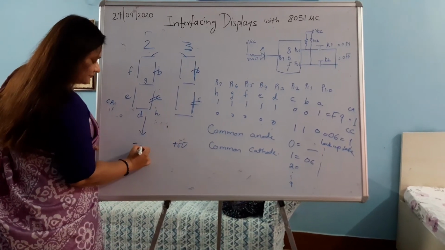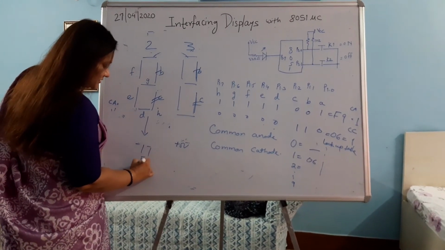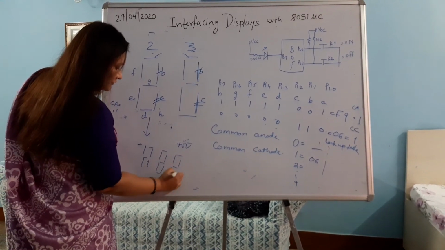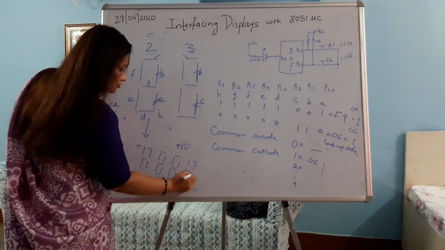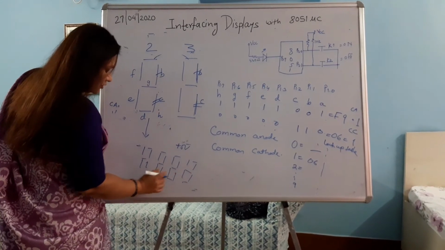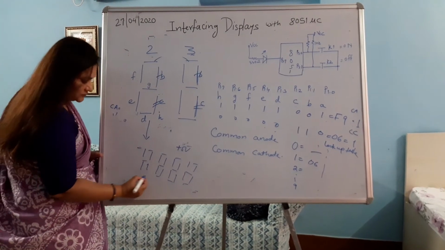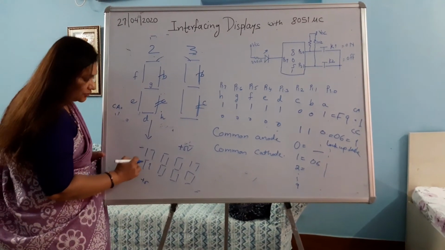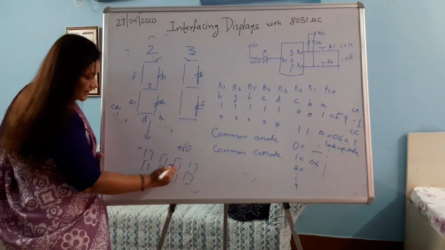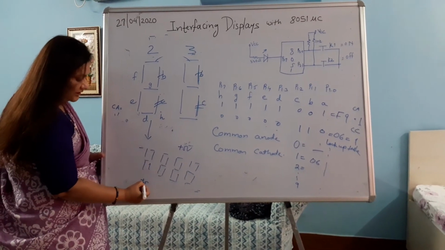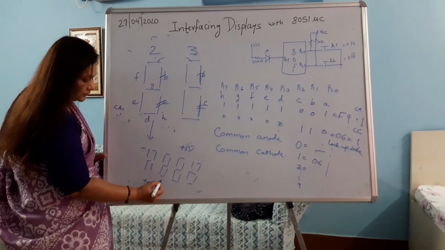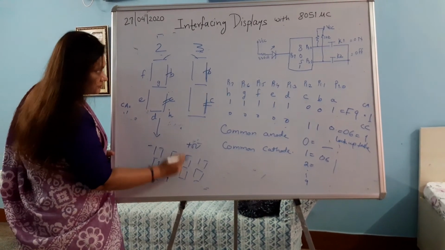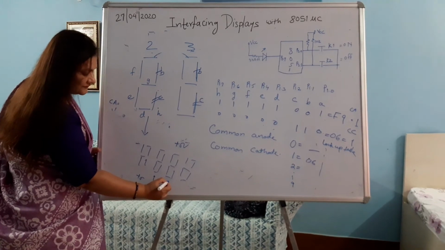So likewise, suppose I am having 4 displays, I will put the same number on all 4 displays, but the display which I want to glow will be given plus 5 volt supply if I am working in common anode mode. And because I am scanning this fast, after this I will put on the next digit and move plus 5 volt to it, then I put the pattern of the third digit and move plus 5 volt to it.